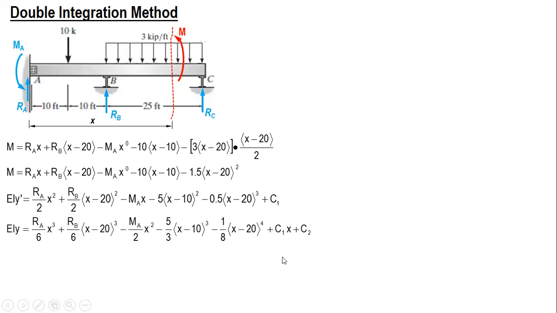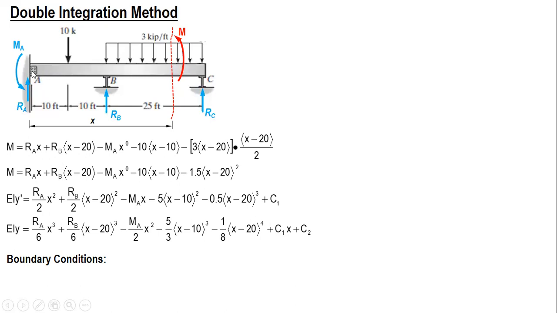So after this, boundary conditions. If you have Macaulay, we only have C1 and C2, so typically we need two boundary conditions.